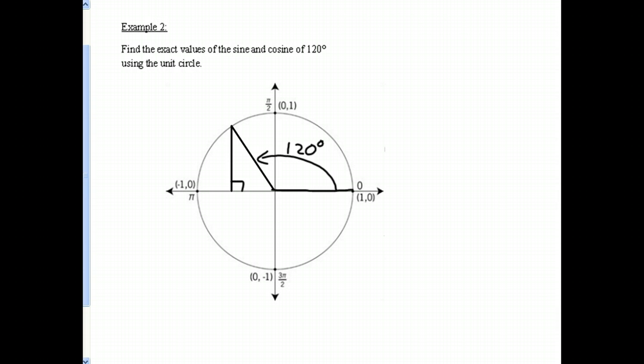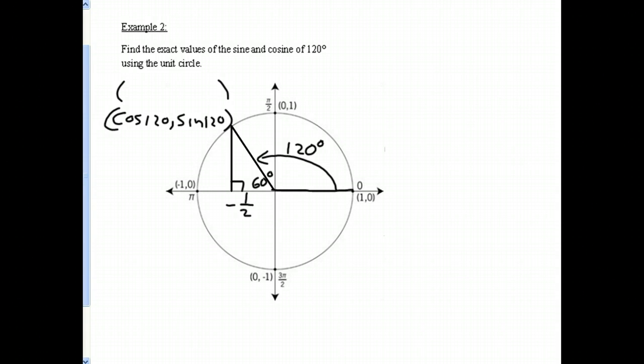And this angle in here, we might know it's 120 plus 60 gives us 180. So we have a 60-degree angle. So all we need to do to find the cosine of 120 and the sine of 120 is to use our reference angle in the second quadrant. And in the second quadrant, we know that the cosine of 120 is equal to the cosine of 60, which is a half.